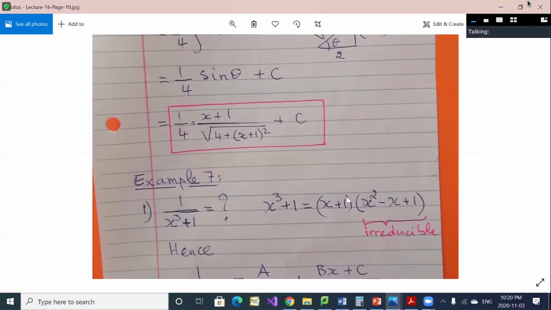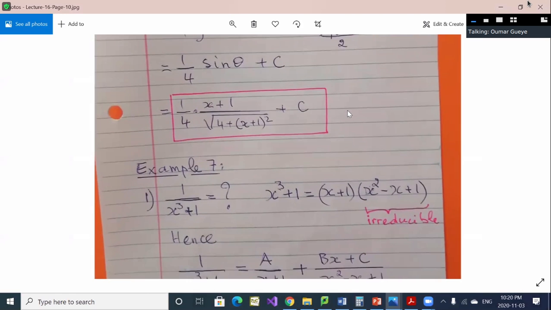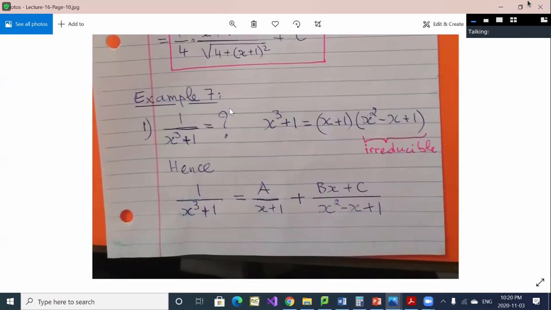All right, here it is. The first step says you start by factorizing the denominator. In my example, the denominator is x cubed plus 1. When you factorize it, you get x plus 1 times x squared minus x plus 1. So this is the first factor, which is a linear factor.